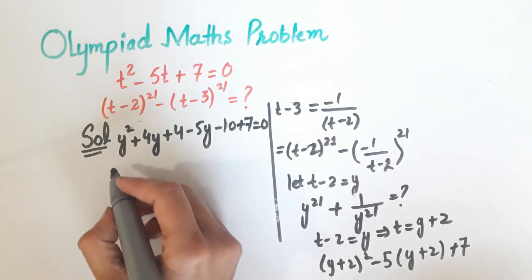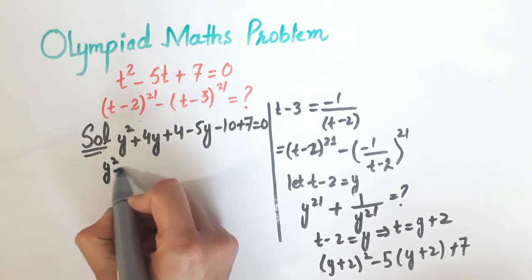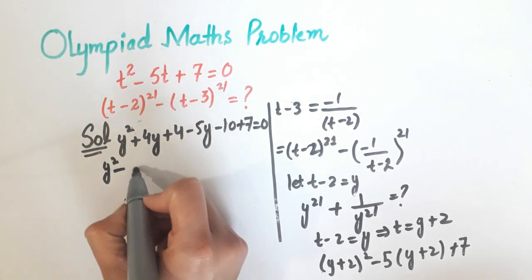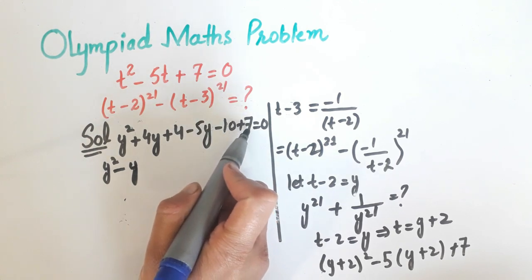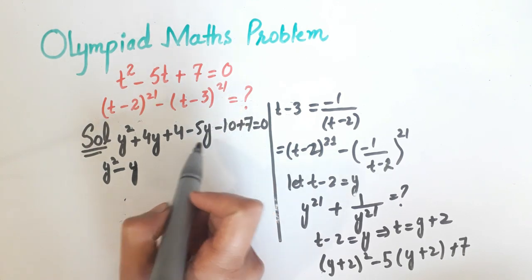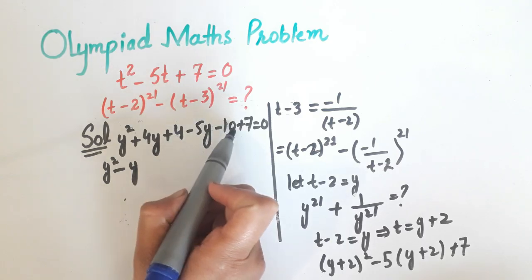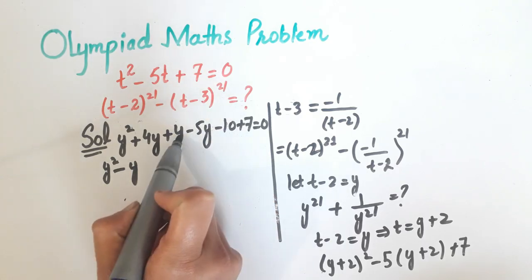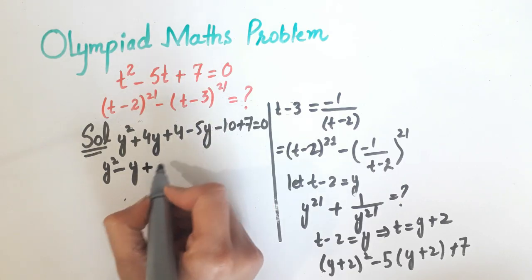This gives us y square plus 4y minus 5y means y square minus y, and for the constants, we get 4 minus 10 is minus 6, minus 6 plus 7 is plus 1.